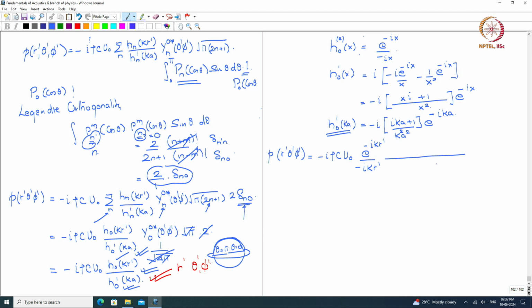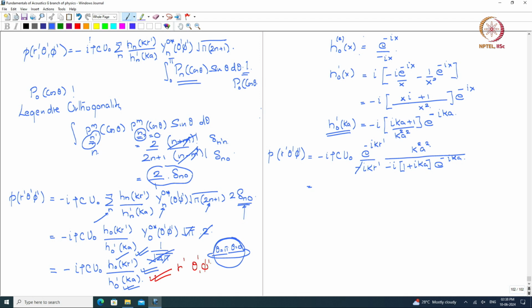We get e to the power of minus I ka minus I into 1 plus I ka, so the numerator has come here, then k square a square. So now what do I do?